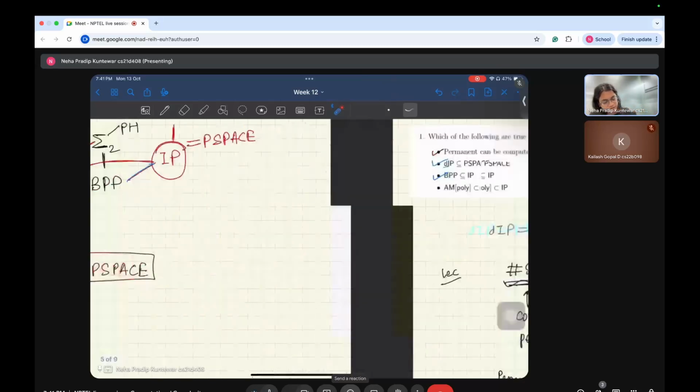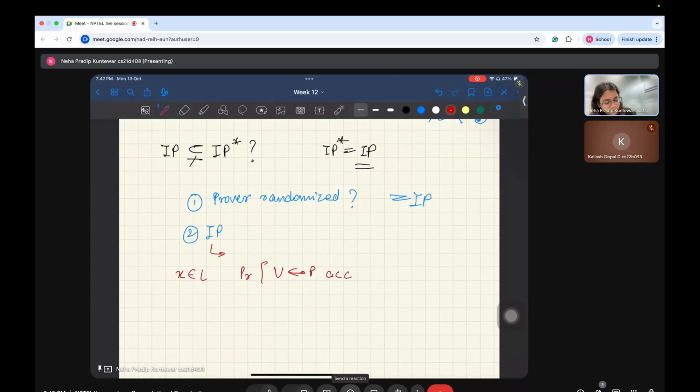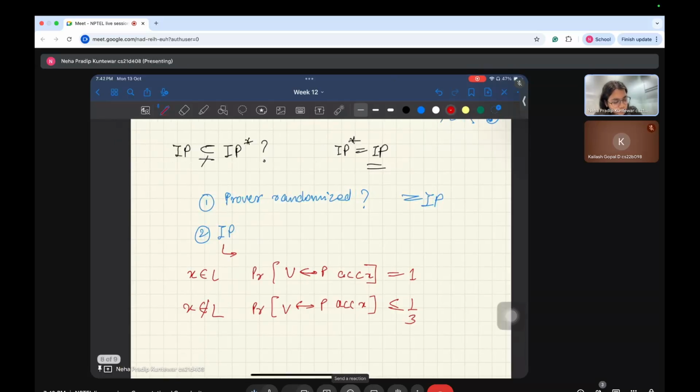So in the model of IP where, if X is in the language, then the probability that the verifier and prover accept X is equal to 1, and if X is not in the language, then the probability that they accept X is at most 1/3, although from 2/3 we have improved this probability to 1, this new protocol, this new class is again as powerful as IP.